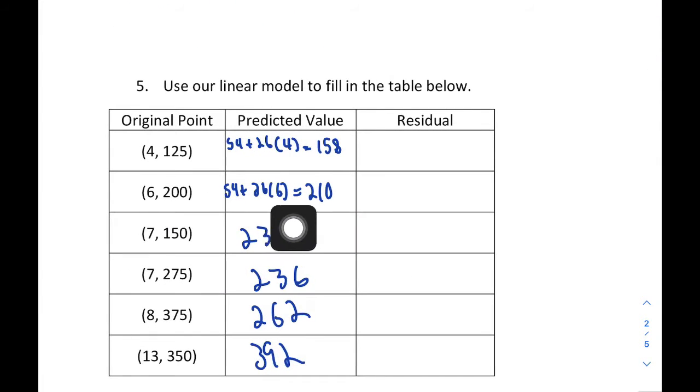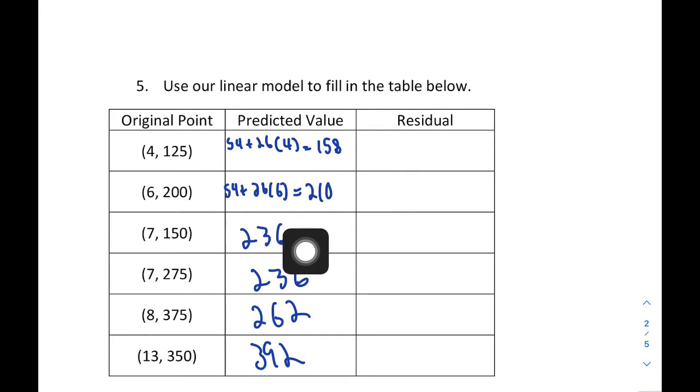Now, if we compare our predicted values to what they actually were, like when we bought 7 jeans for 150, our model predicted 236. We also bought 7 pairs of jeans once for 275, and again our model predicted 236. So we can see that they're off by a little bit.